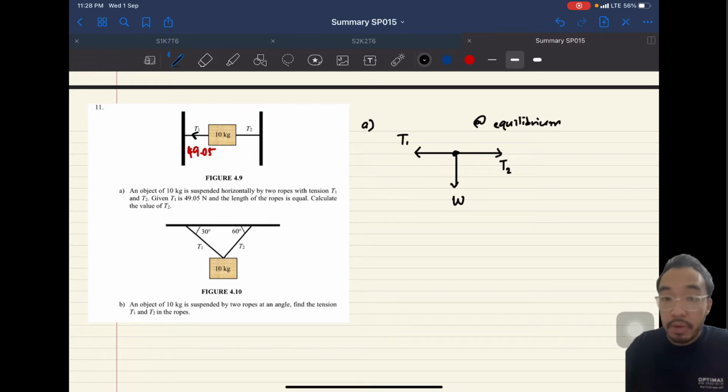The weight needs to be balanced off by something, but there's nothing. That something comes from the slight angle that results in Tx and Ty, so your Ty is supposed to balance it off. But it's okay, this is just a question.